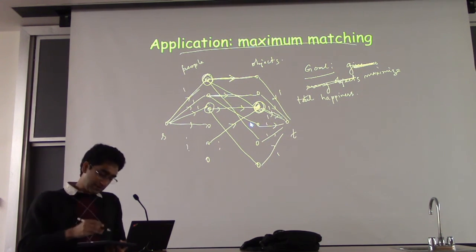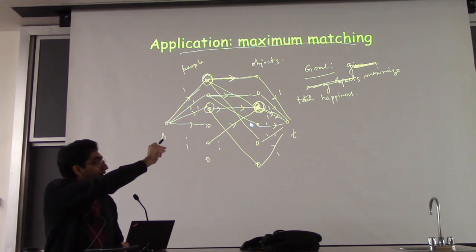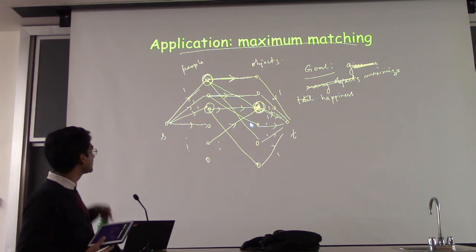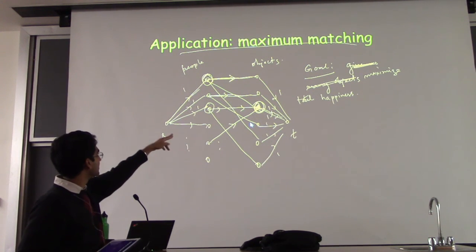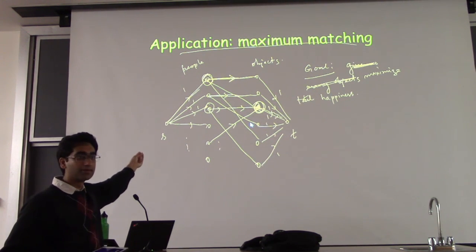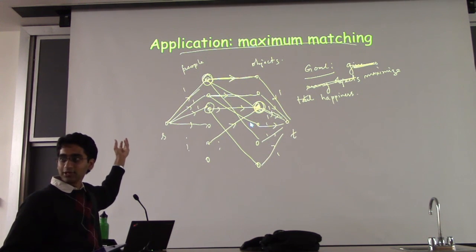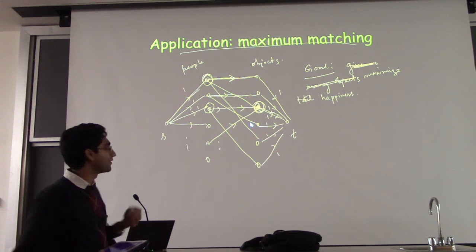So this guy, if his capacity to T was only 1, then he could have gotten matched to only one of these people. So that's why this is actually a matching, or a valid assignment.